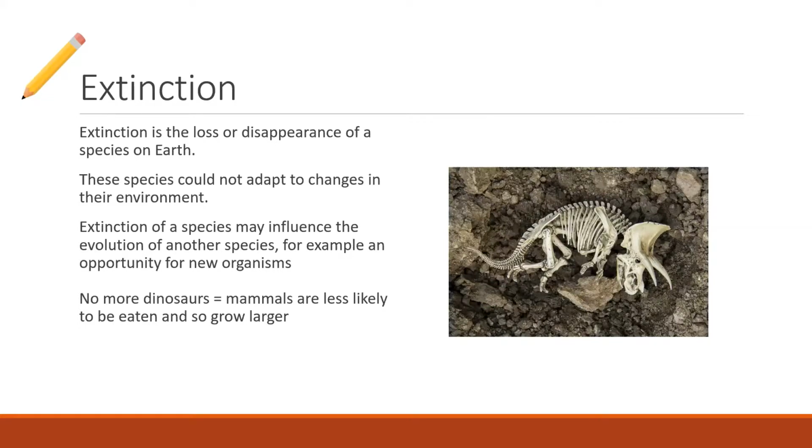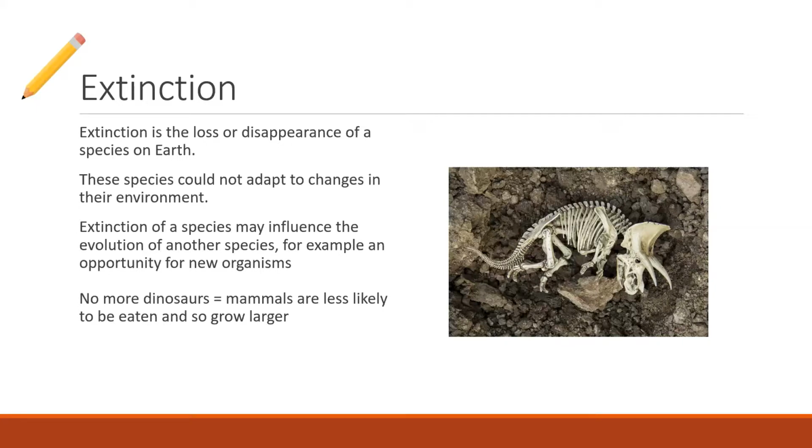This might be a change in the food source. Let's just say there is a disease that affects all of the nut trees on an island, all those trees die, the birds have no food to eat, and so the birds go extinct.